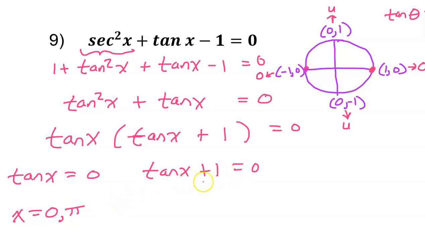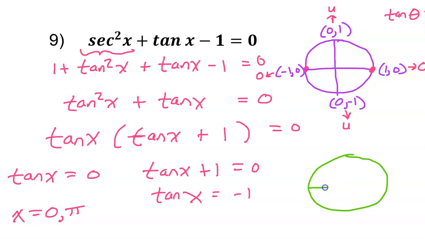So let's continue on and solve the second mini equation. For this, we need to subtract 1 from both sides. So that's going to give us tangent x is equal to -1. So here again, we need to picture the unit circle. Ask yourself, what is the reference angle?